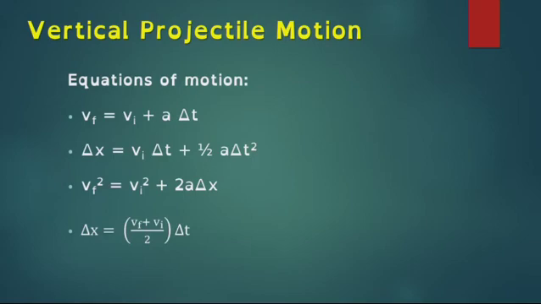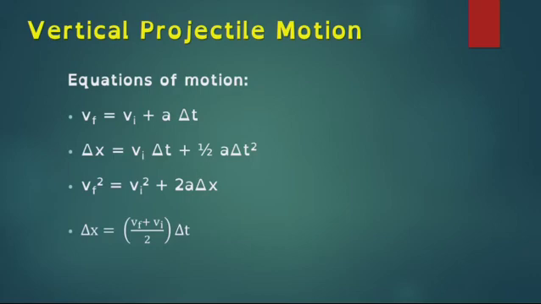You use them again for vertical projectile motion, and often in your exam information page, you will find that you also have the option to use delta y. Delta y referring to the fact that it's going up and down rather than left and right.